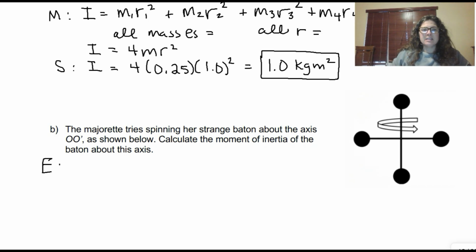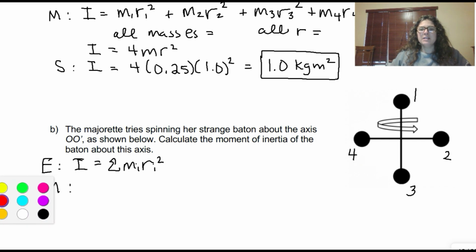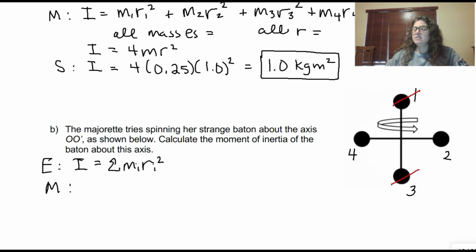Our equation is going to be the exact same. So moment of inertia equals the sum of the masses times the radius squared. If I label these particles 1, 2, 3, and 4, what's important is I recognize that particle 1 and particle 3 really aren't part of the system at this point because they're not moving.